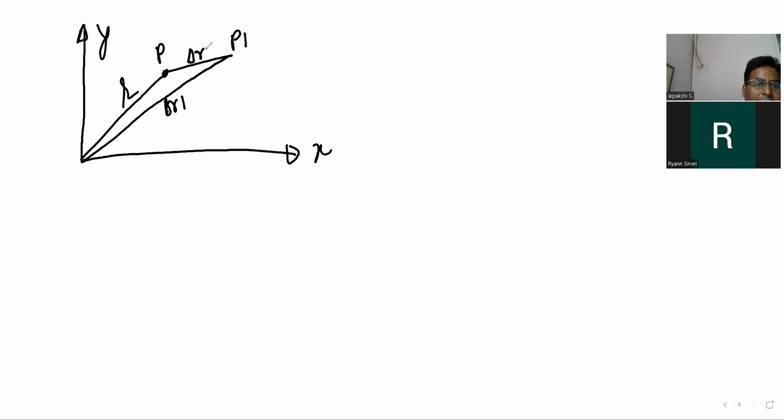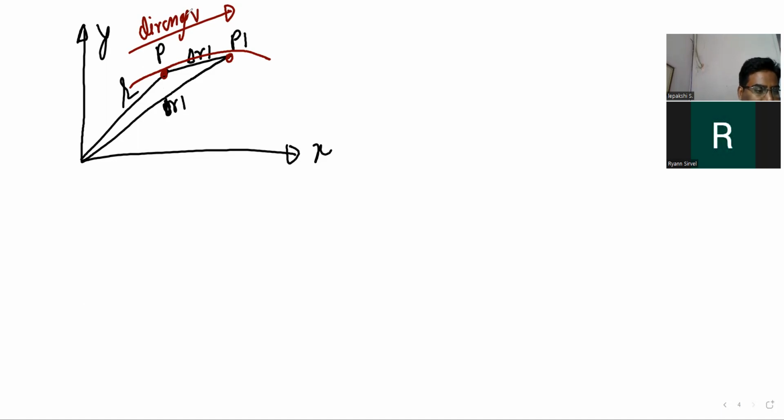Delta R1 will be this, right? This is R1. So this will give the direction of the velocity, this point. Suppose it is moving from here to here, right? So this curve will look like this, and this will give the direction of velocity. Direction of velocity V. Understood?